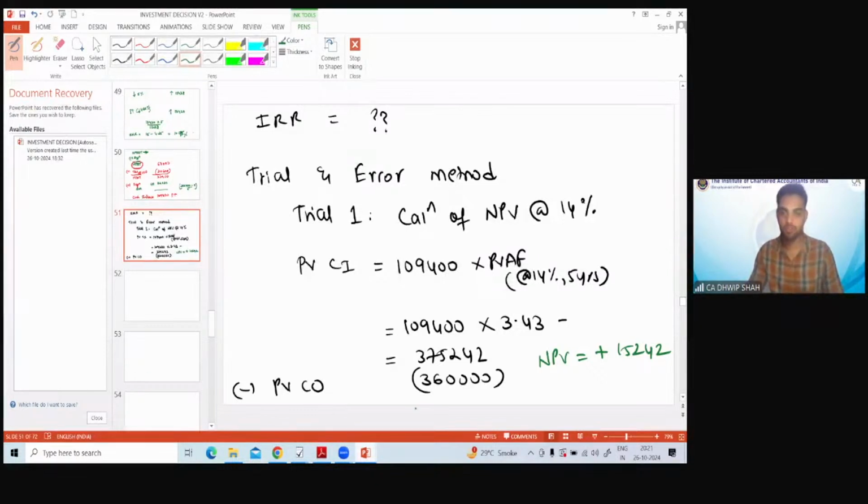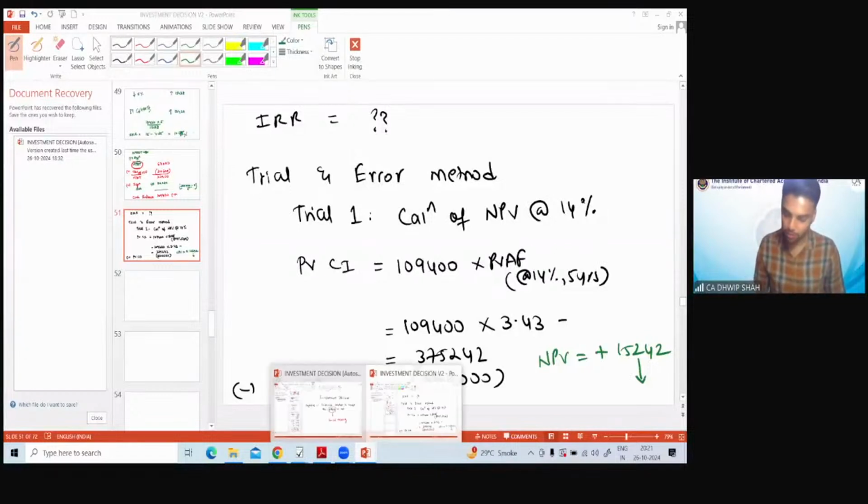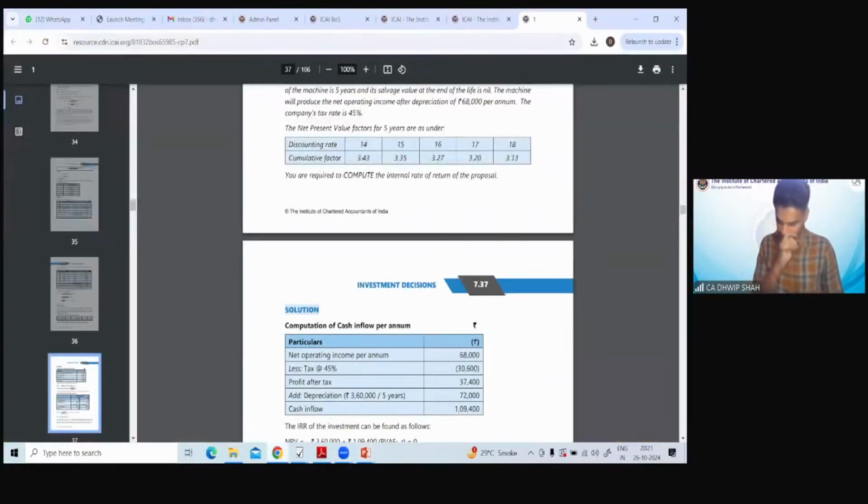This is now final. Now we need to bring this NPV down to zero, so use some higher rate. Let's take a gap of 2% in this question. Let's not take a gap of 5, but let's take a gap of 2.